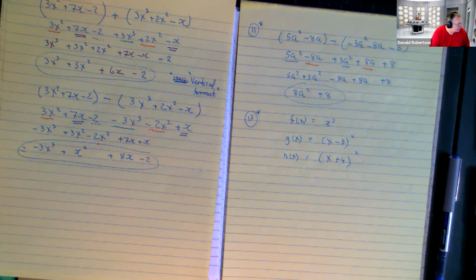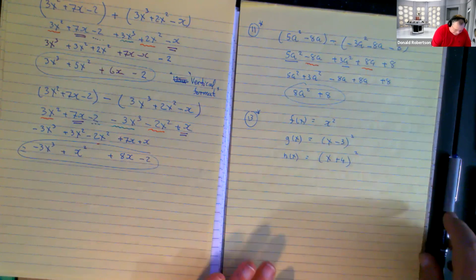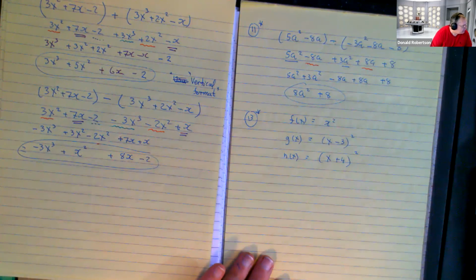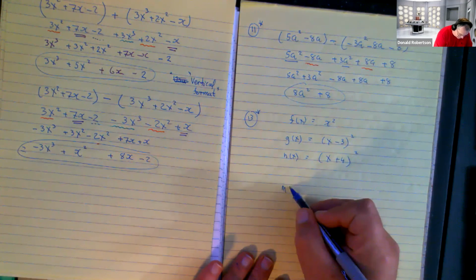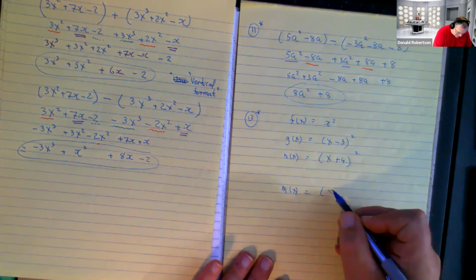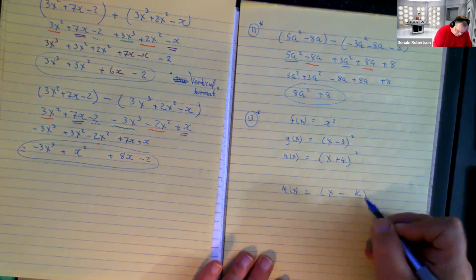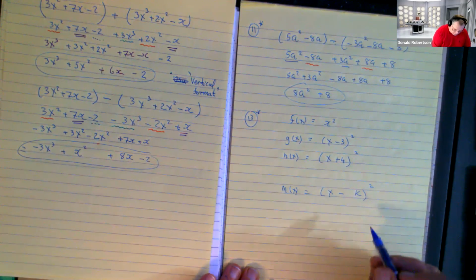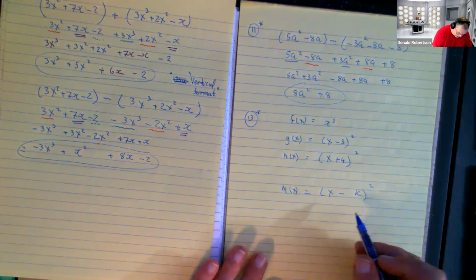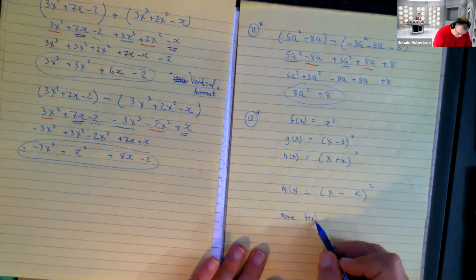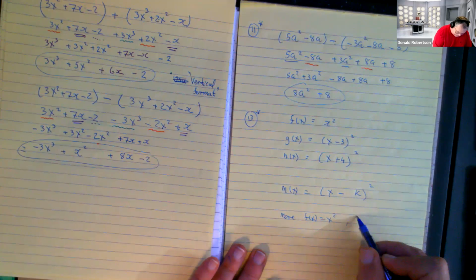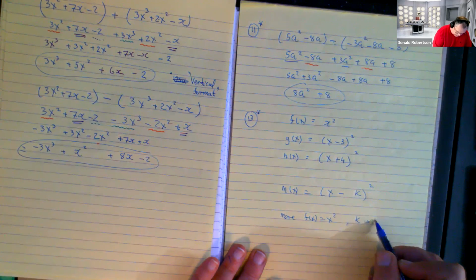So in that question, you would be asked to write down what the basic movement would be. So if someone gave you a question and said to you, m of x is x minus k all squared, where k could be any number, I would say that you move the function x squared k units to the right.